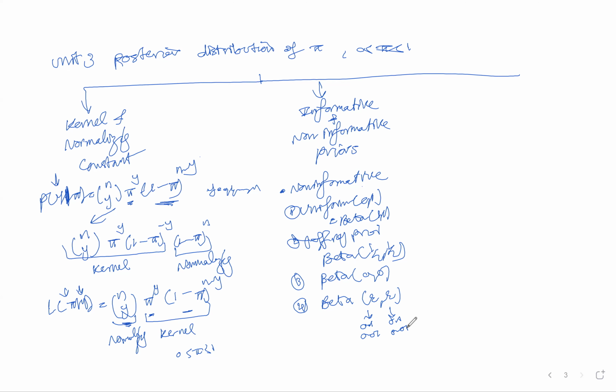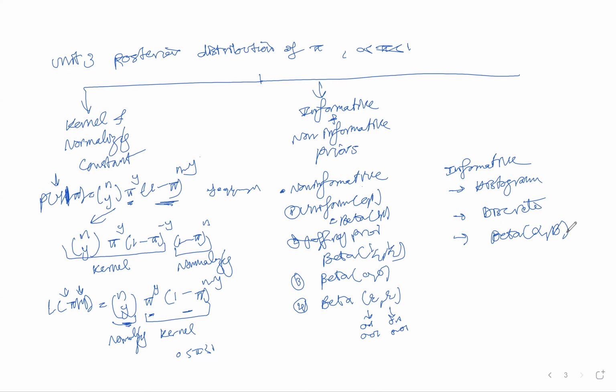But for informative priors, we covered some. We covered the histogram prior, and also the discrete prior, and we covered the very famous one, beta alpha, beta. This is an informative prior.